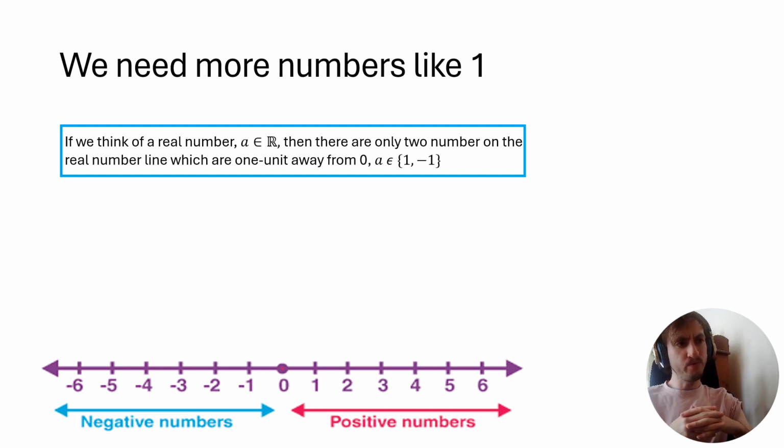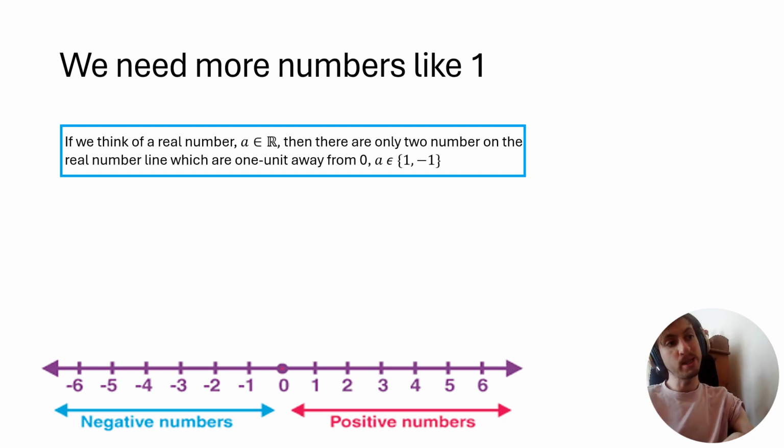But we can ask, and I'll explain why it's a "but" in a moment, how many numbers are 1 unit away from the number 0? In other words, if I move one step in the real number line, how many distinct numbers can I get to? Well, if I take one step to the right, I get the number 1.